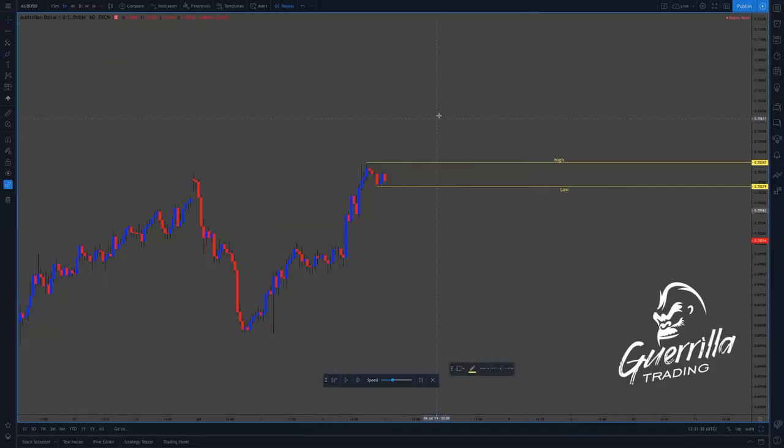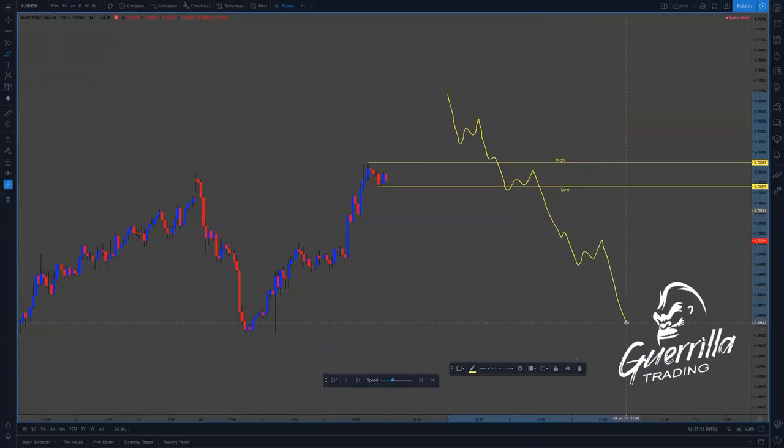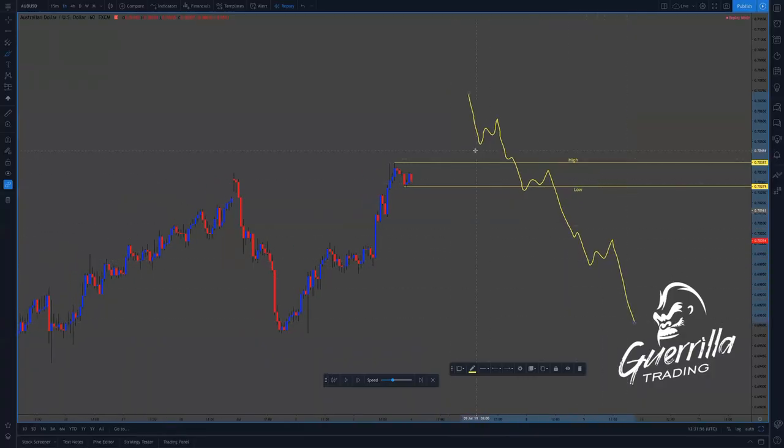If you look here, you see a trend. You get a nice pushback, price comes down, gives you another pushback, and comes down again, giving you another one. This is how a trend works.